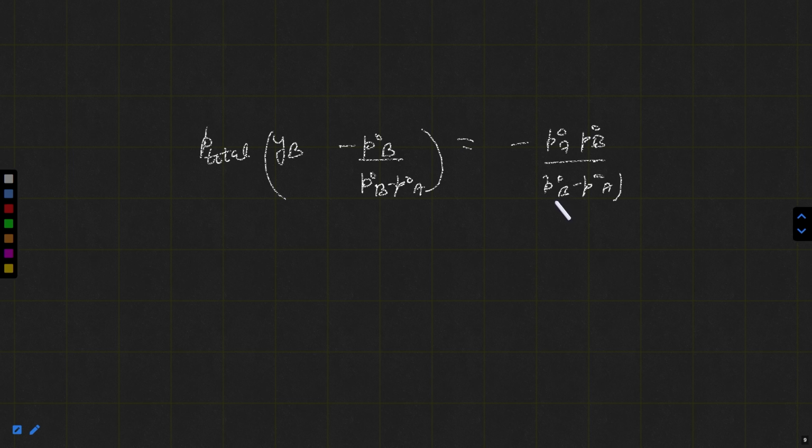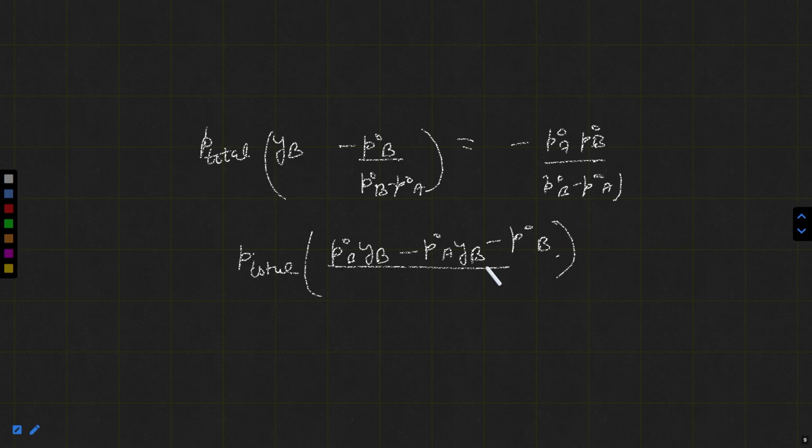Now we'll simply divide both of these things. So if you multiply it here, what we will get? We will get P naught B YB minus P naught A YB minus P naught B like this.